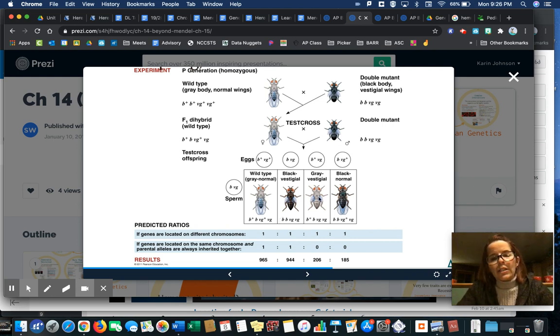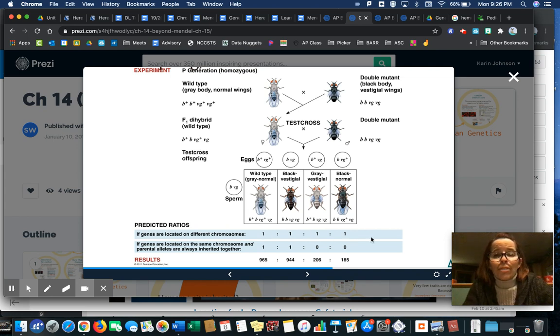But what they also would have, if the traits for body color and wings are on different chromosomes, you would also get combinations where we have a gray body but little wings, or a black body with long wings. And according to probability, we should get those in a 1-to-1-to-1-to-1 ratio.